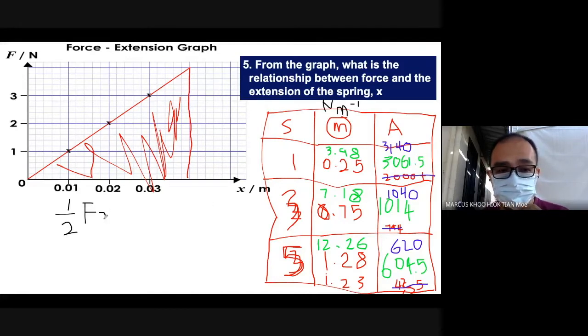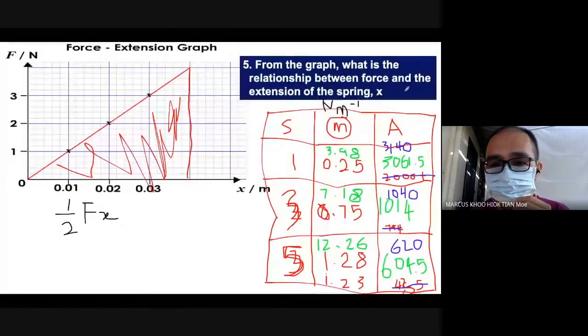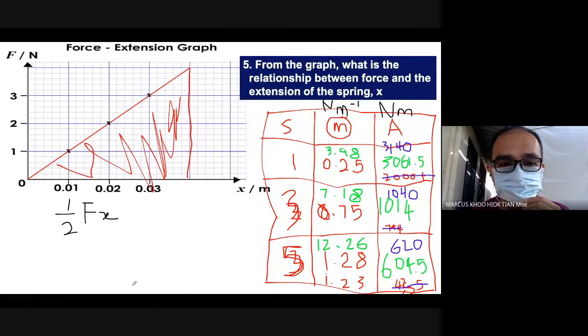So, if this is the formula, what is the unit for this? Newton meter. It is basically just Newton times meter. Half times height, height is the F, and the base is X. This brings us a very important formula.